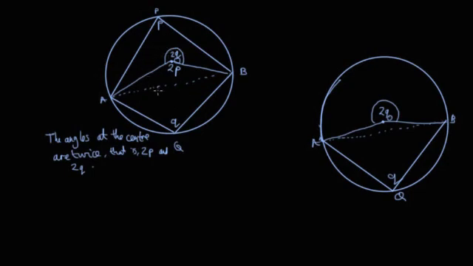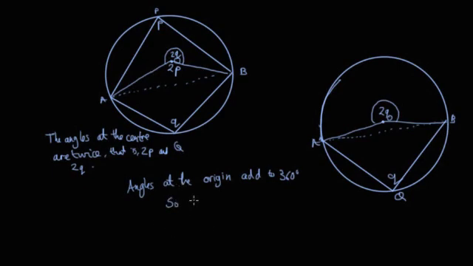Now round the origin, the angles at the origin add up to 360, because we've got a circle around here.